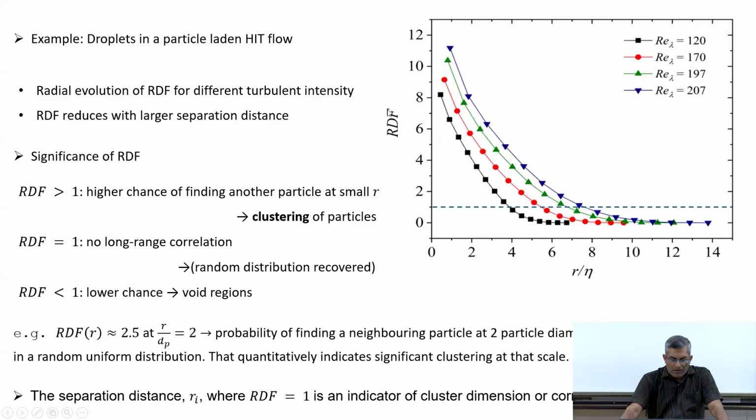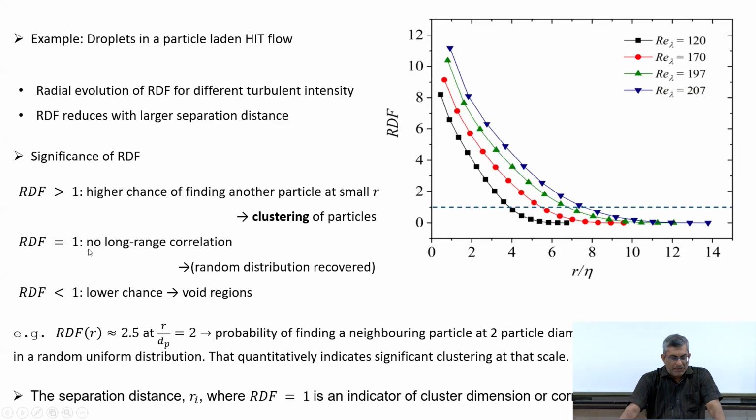So, basically when the RDF value is more than 1, you have higher chances of finding another particle, and this refers to clustering of particles. So, we can say that when RDF is greater than 1, we have clustering at that scale.